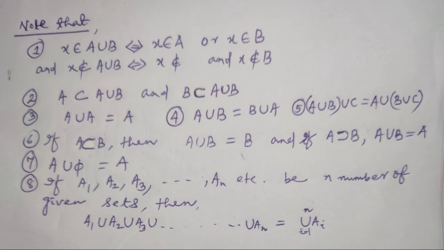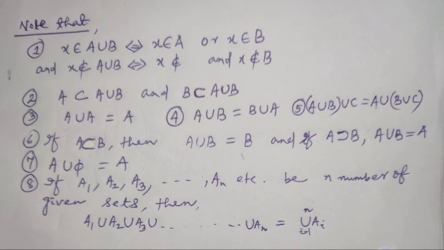Similarly, the union of sets is also associative, that is, A union (B union C) is equal to (A union B) union C. If A is a subset of B, then A union B is equal to B. If A is a superset of B, then A union B is equal to A. Again, A union phi is the set A.